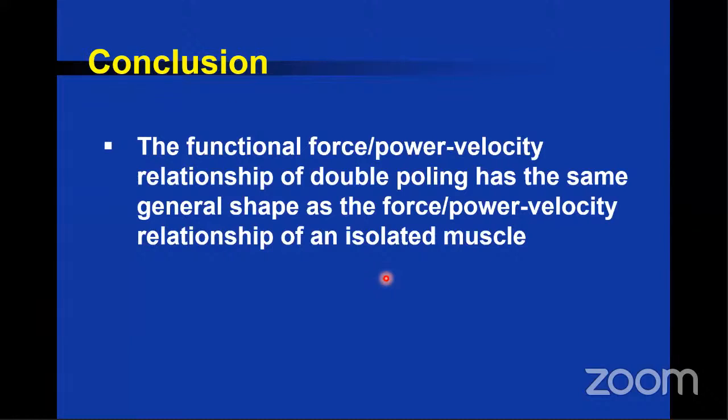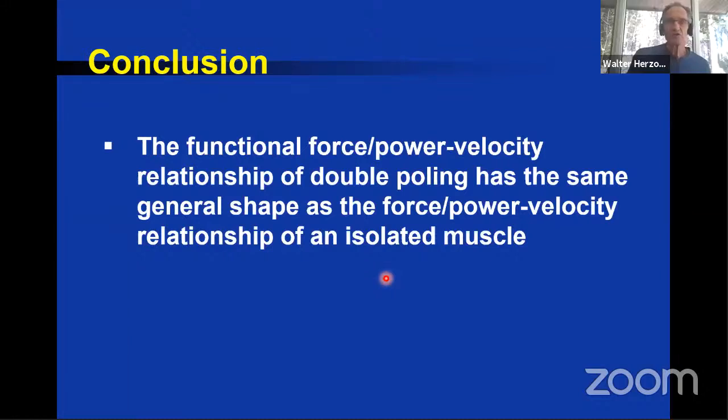And again, there, the relationship seems to be much more linear than what we have found. However, when I look at those studies, they usually don't go very close to the isometric contraction, and they usually don't go very close to maximum speed of contraction. And maybe there would also be curvature there if people looked at a larger range of velocities than what they have done, because we almost went from maximum to minimum velocity in this particular study.